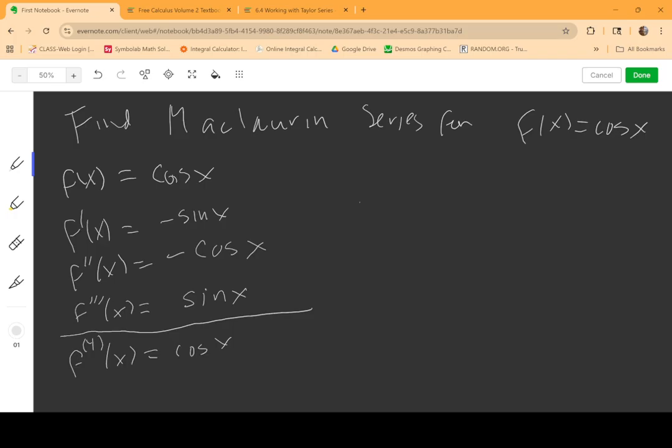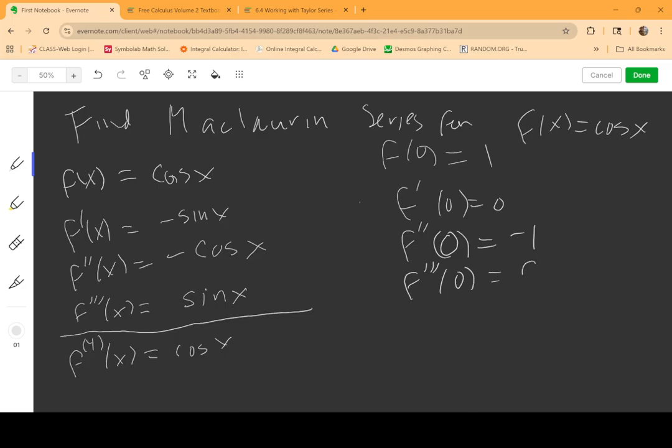All right, so evaluated at 0, since it is a Maclaurin series, you get 1. f prime of 0 is 0. f double prime of 0 is negative 1. And f triple prime of 0 is 0.